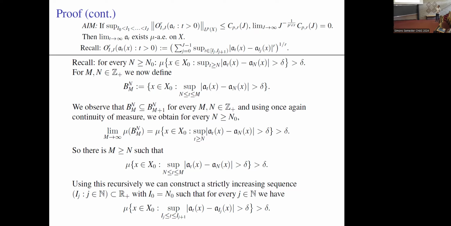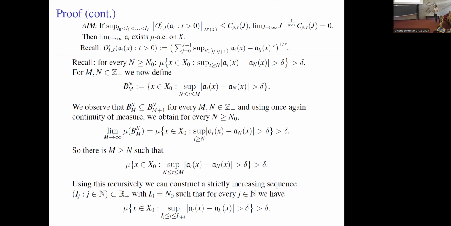So in that way, we can find large capital N such that if we restrict our attention to the supremum over interval n, then still the measure of those sets is greater than delta. Okay. And what happens here is that we can proceed inductively.